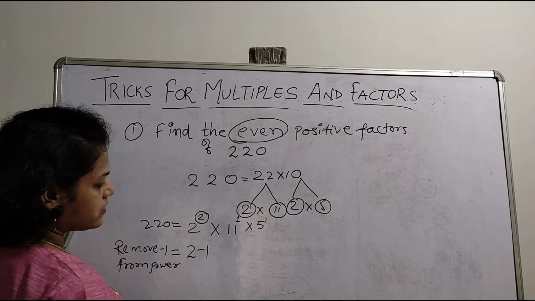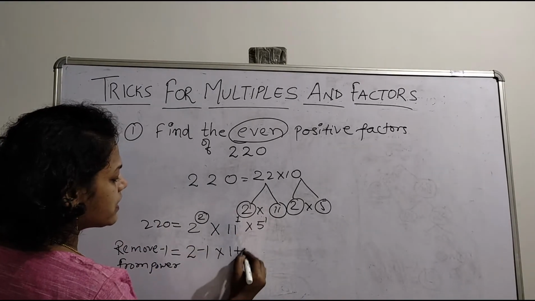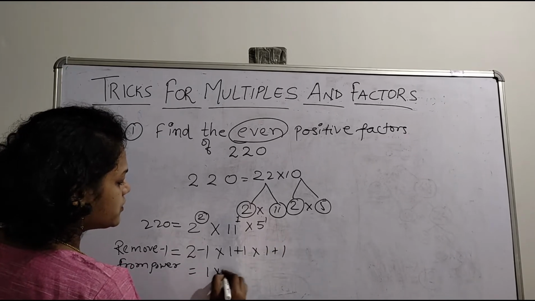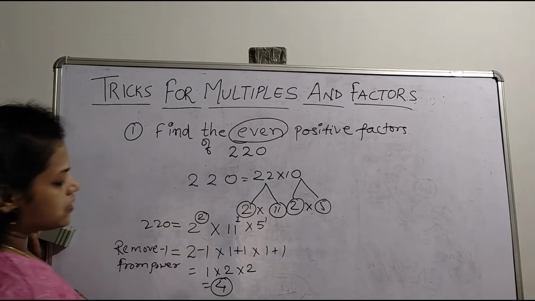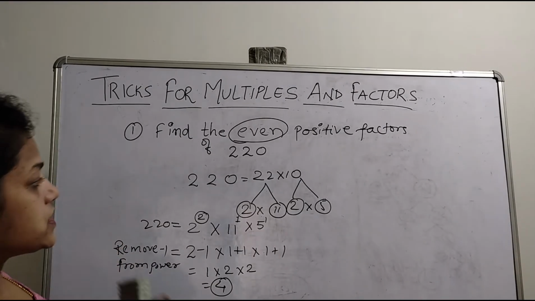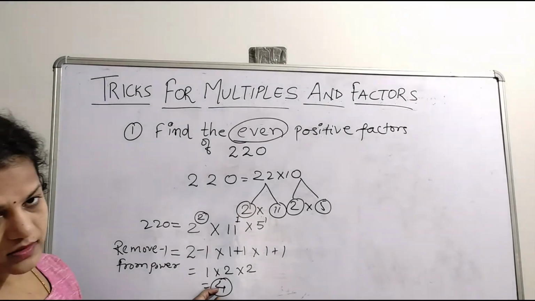So 2 minus 1. Okay, and here again the same method, power you have to add 1, and here 1 plus 1. So here 1 into 2 into 2, that is 4. 2 2's are 4. So here you will get the even factors of this 220. You will get 4 factors.